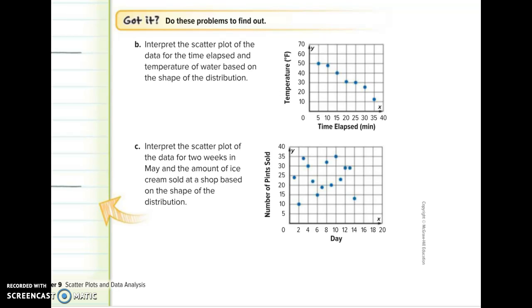If we look at this data, it is generally going downhill. So when we're reading our graph from left to right, we would say that this has a negative association. Then when we have a negative association, we can also say that it's either linear or nonlinear.